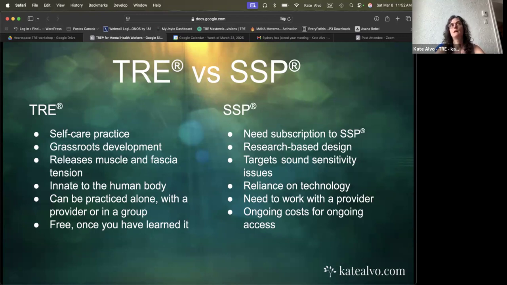TRE was really developed as a tool to help people have a way to release their trauma. It was designed for large-scale, big T trauma events, so wars and natural disasters.